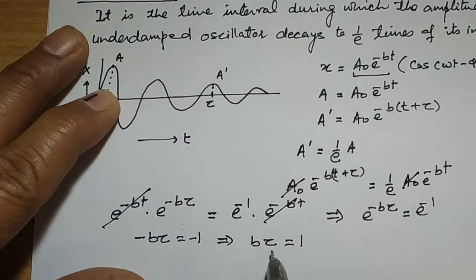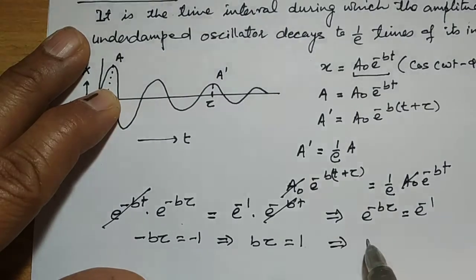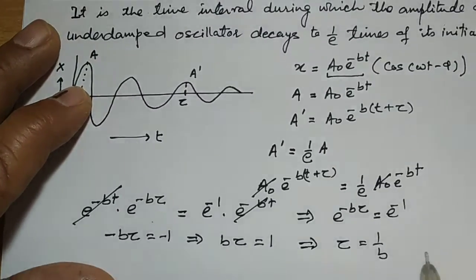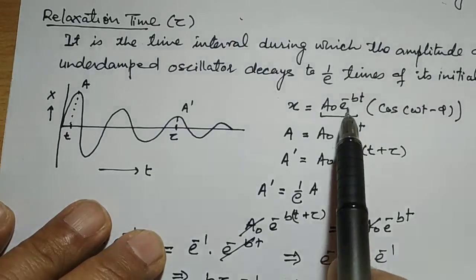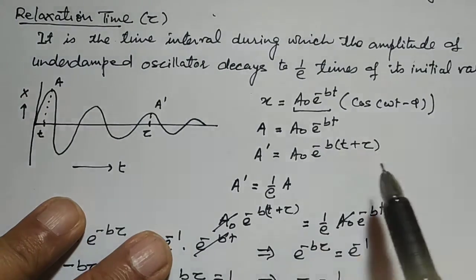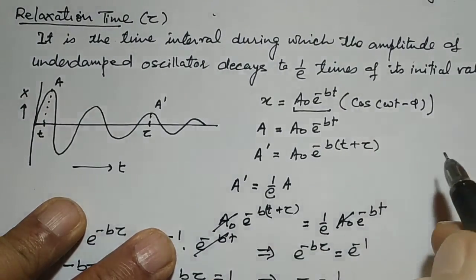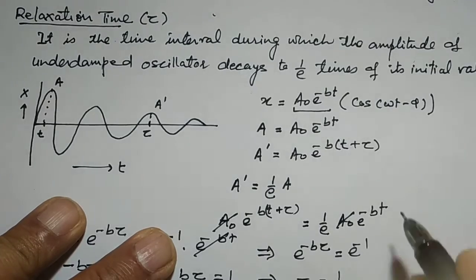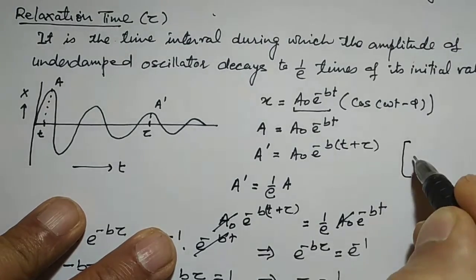And we have to find what is the relaxation time, that is tau. It implies that tau is equal to 1 over b. And we know that in this equation, when we derived the displacement, we substituted the damping force, which we can just revise here.